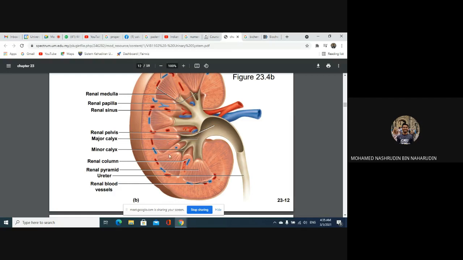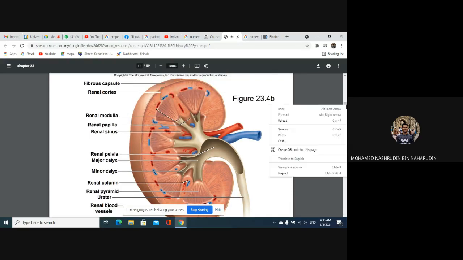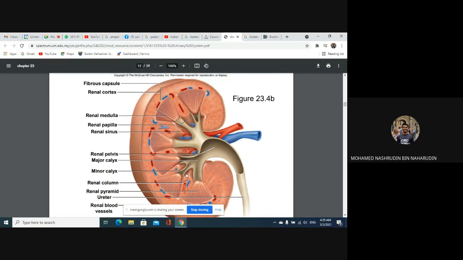A set of nephrons makes up the renal medulla, which collects waste product from a number of renal medullary pyramids. Then there is the major calyx and the minor calyx.